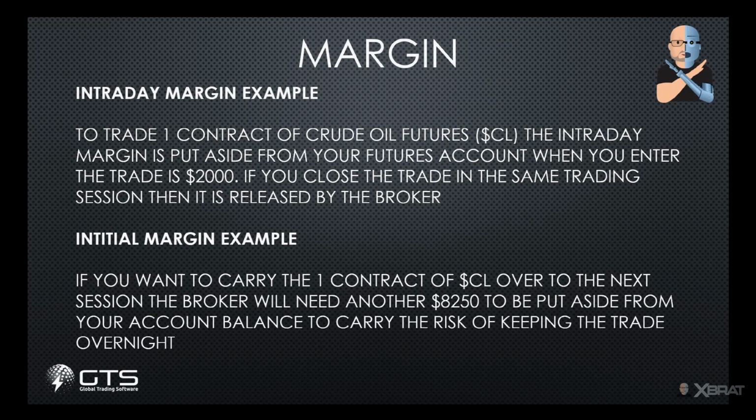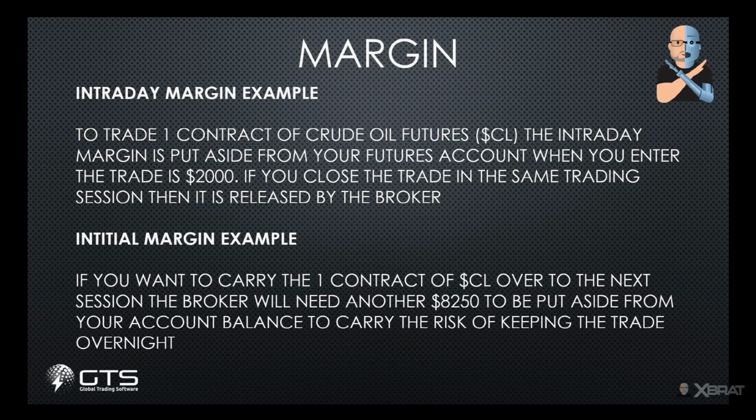If you close the trade in the same trading session, then it's released by the broker. Remember, we did an example in part 1 where we looked at CL, and every cent that CL price moved, you made $10. Now, this is probably a standard type contract, but you need $2,000 in your account just to be able to trade that one contract of oil.